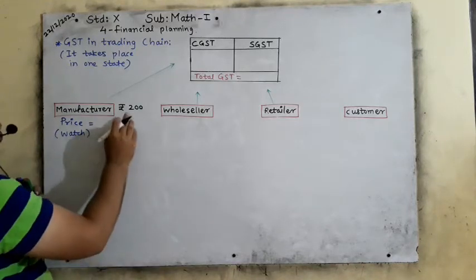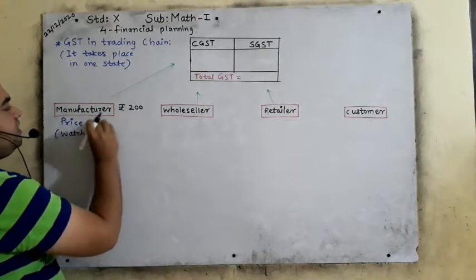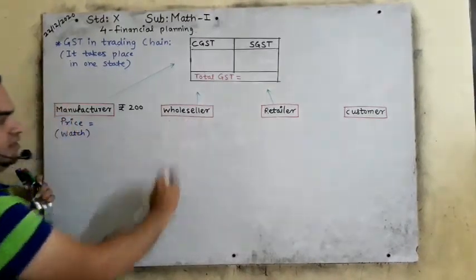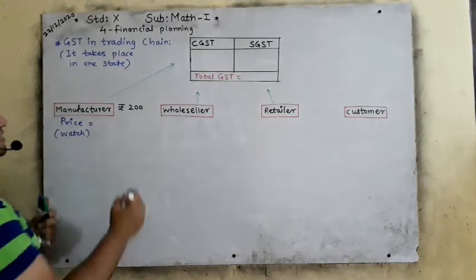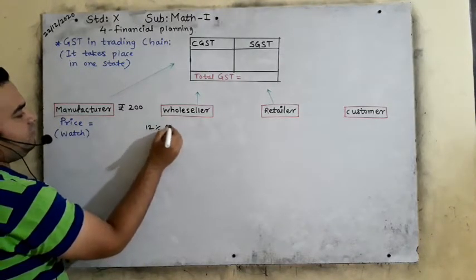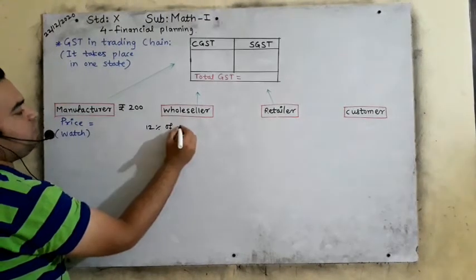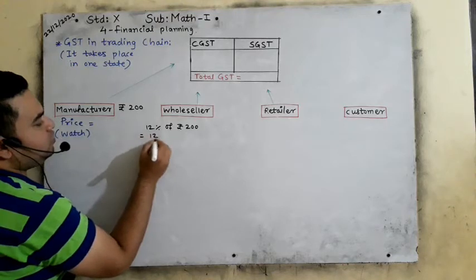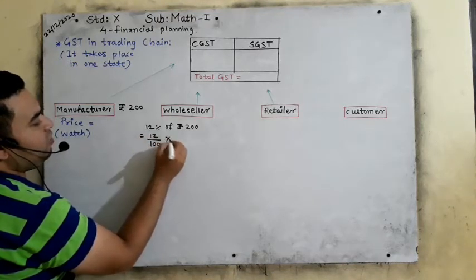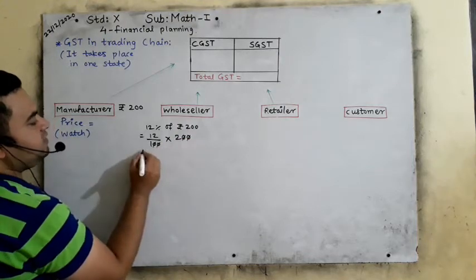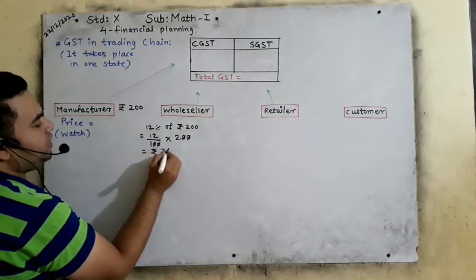But on that 200 rupees he will take 12% GST from the wholesaler. So we will see 12% of 200 rupees. 12% means 12 upon 100, of means multiplication, times 200. So the zeros will get cancelled and it will be rupees 24.